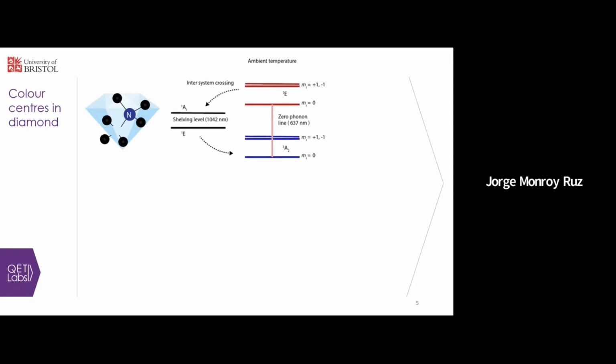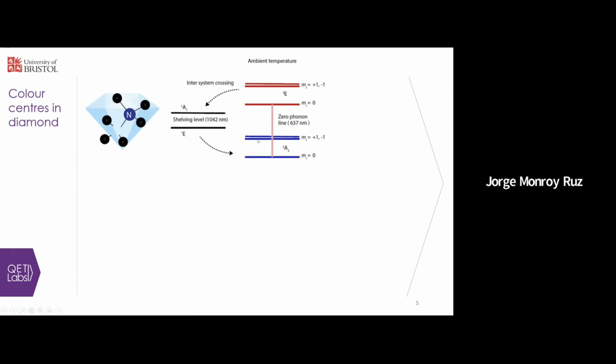They allow coherent control of the coupling with the nuclear spins around them, and also allow optical readout of the spin state, which is in the visible, well, visible near-infrared range. You need to recover those photons emitted by the NV center to know the spin state of your system.